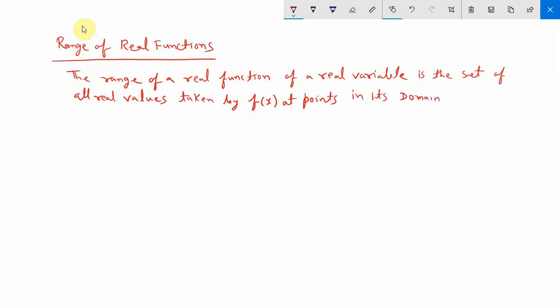Okay. So in order to find the range of real functions, we will write the algorithm for finding the range of real functions.